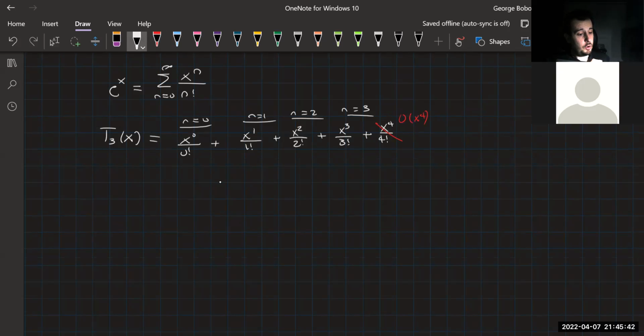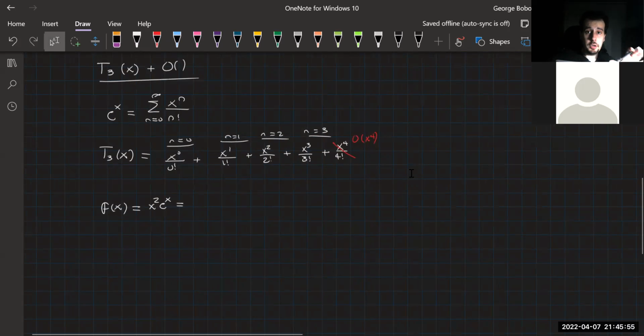Okay, and now if we're doing the multiplication here of x squared times e to the x, in fact, Pranav, there's another way of seeing this.